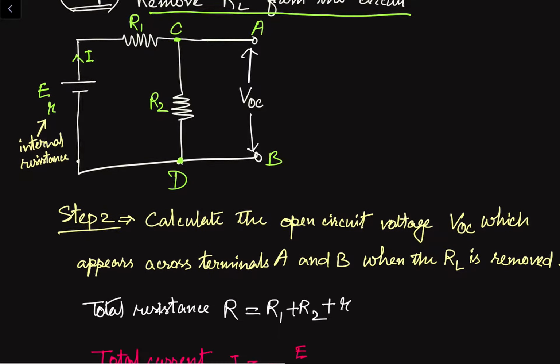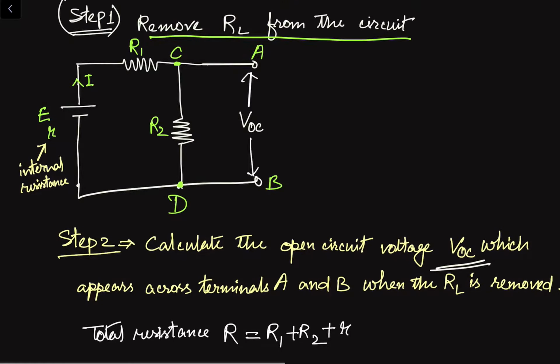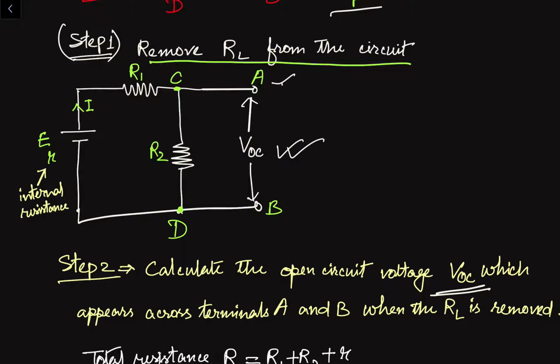Now in step 2, we have to calculate the open circuit voltage VOC. Here we can see this is the VOC voltage. After removing the load resistance, we have to find out the voltage across these points A and B. Now here we can see point A and point B. These 2 points are directly connected, with no other element between A and C. We can consider point A the same as C because we do not have any resistance in between.